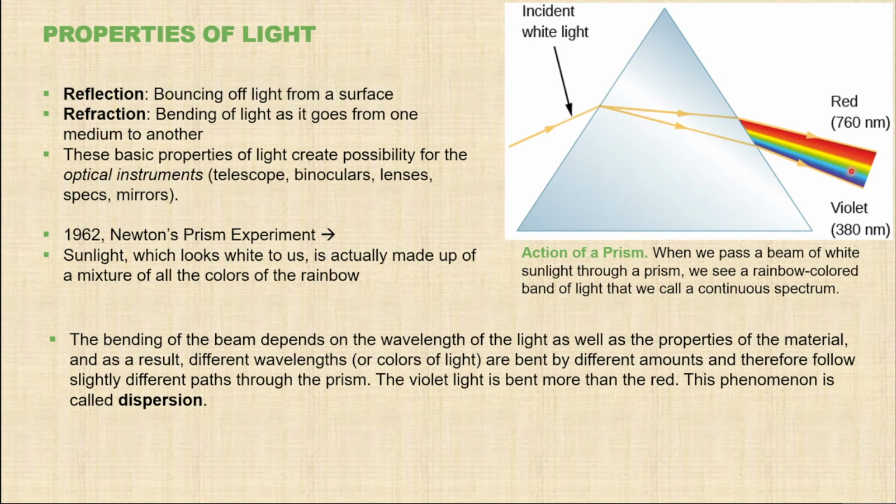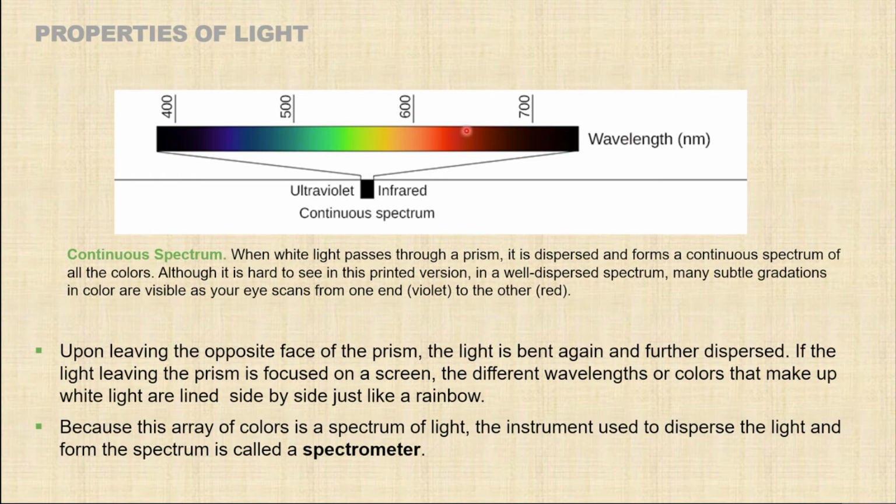This band here, we can project it on a screen, and the projected screen would look like that. Again, infrared and UV, our human eyes don't detect. This is the visible range, from 400 nanometers to 700 nanometers wavelength. And one more definition here: this is a spectrum of visible light.